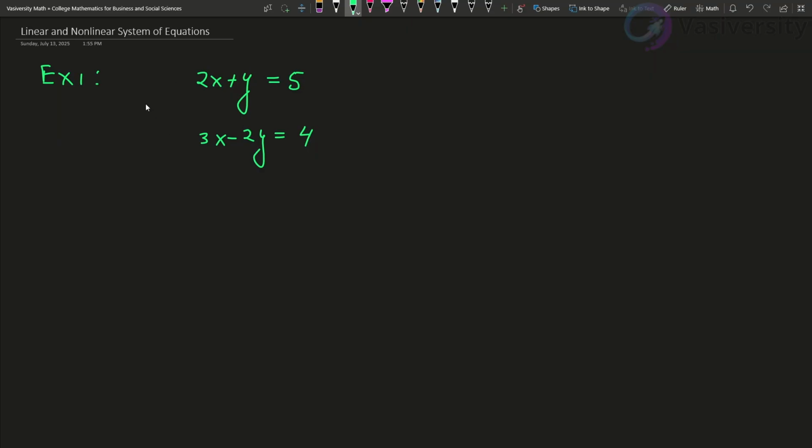That's how we write it down, and then we put a bracket here. That means we have two equations: this is equation number 1, and this is equation number 2. These two equations are in the same variables. We have two variables and two equations.